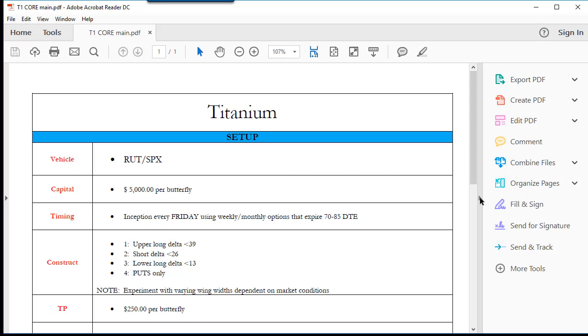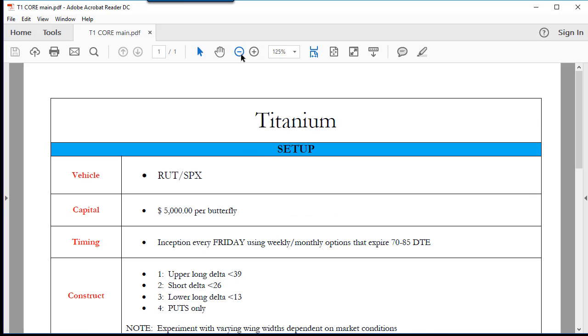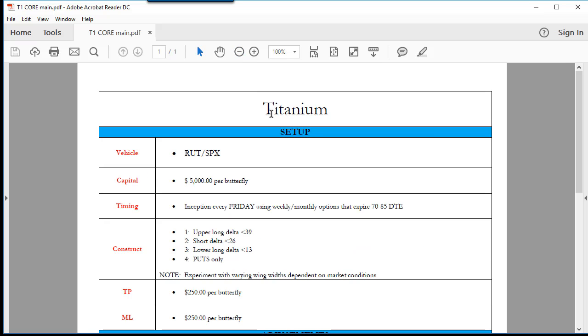And this particular strategy, the titanium module T1, is a core trade that I gravitate and try and steer all new traders to, so that it gives a very good starting point with some simple to follow rules that give you the highest probability of finding successful trades consistently month in, month out.